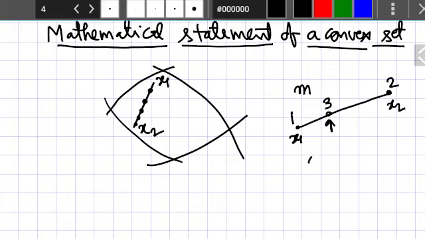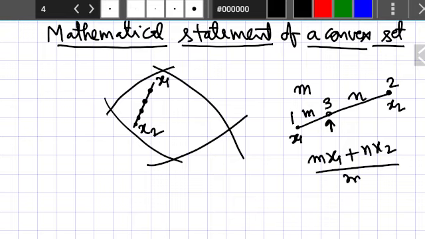So it is done like this, plus nx2. Suppose we are dividing it into 2 segments like this. So the same kind of definition in mathematics, in the book you will see they define.